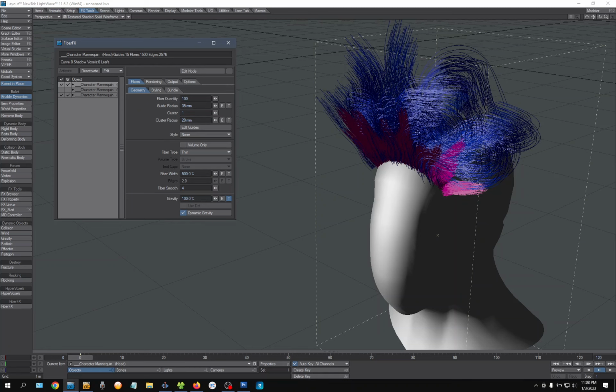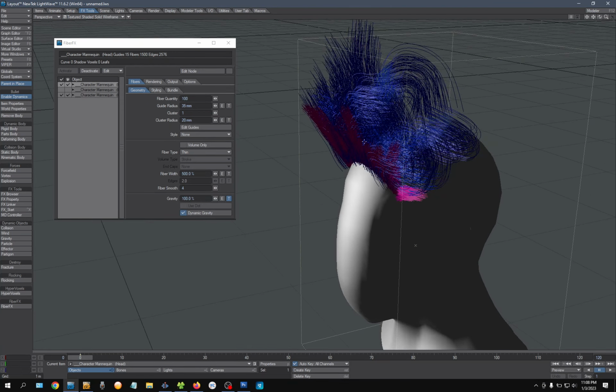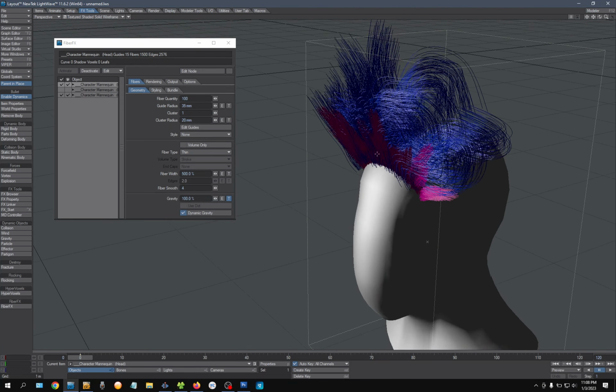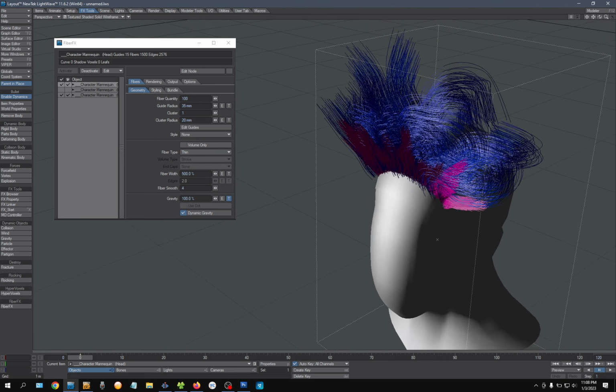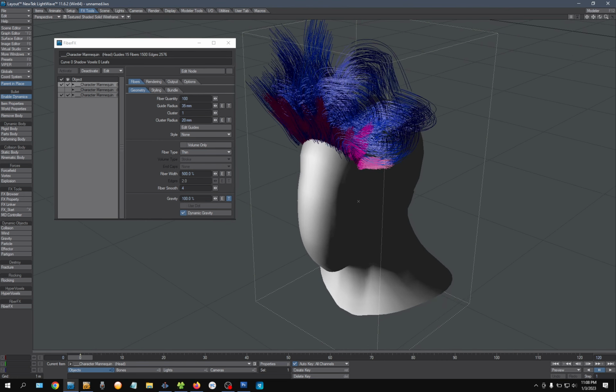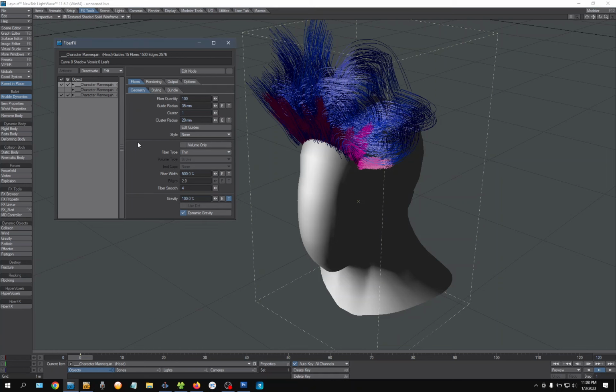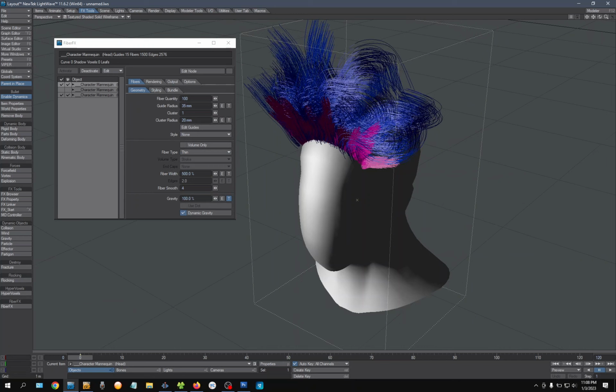Anyway, the point is that you can mix two guides, right? Would I do that? For super realistic stuff, yes, I would do that, but not usually.